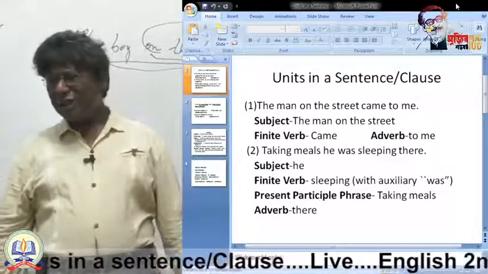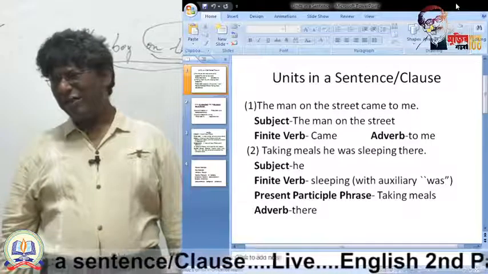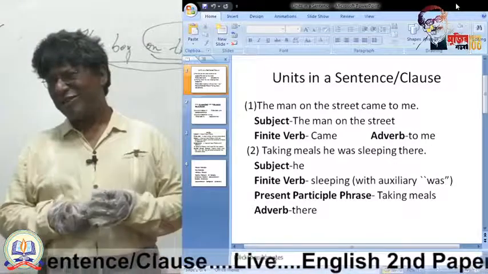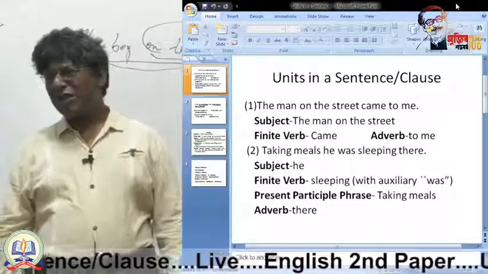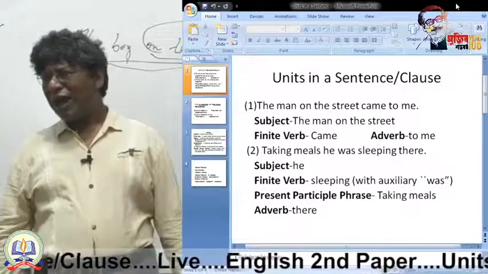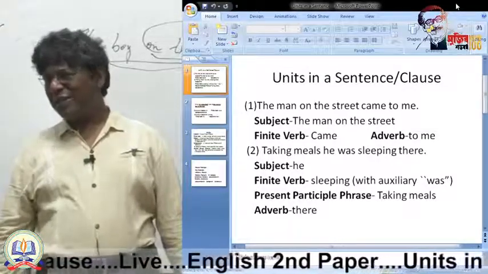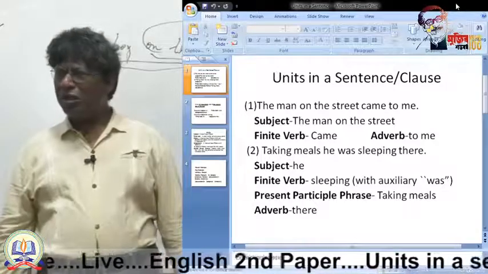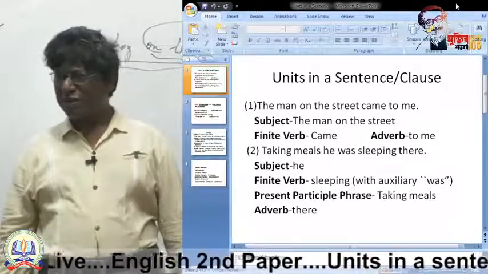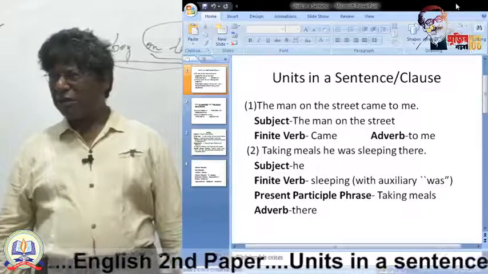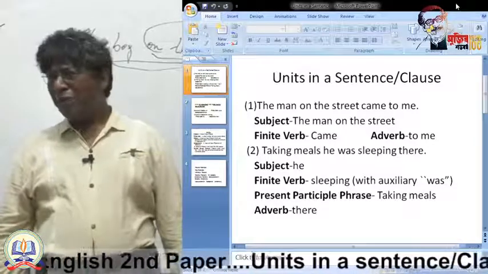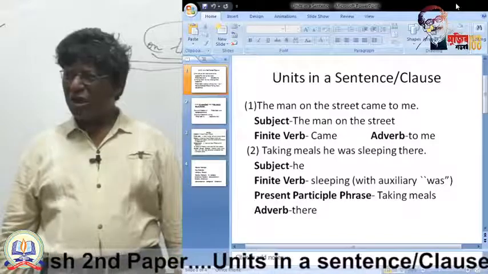In answering such a question or analyzing such a sentence, learners very often identify man as the subject of the sentence, but in fact man is the head word of the subject.